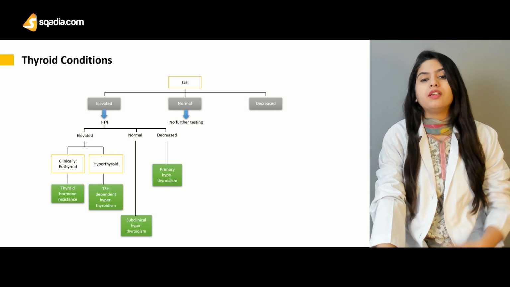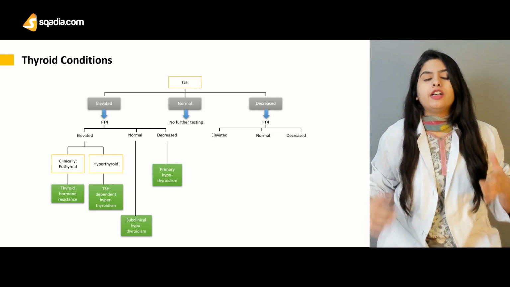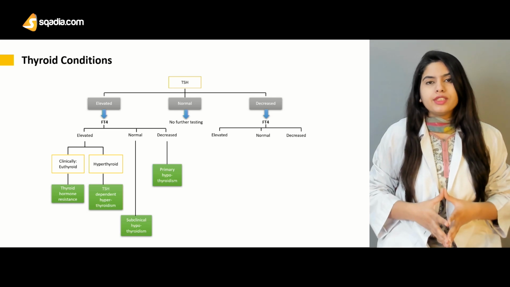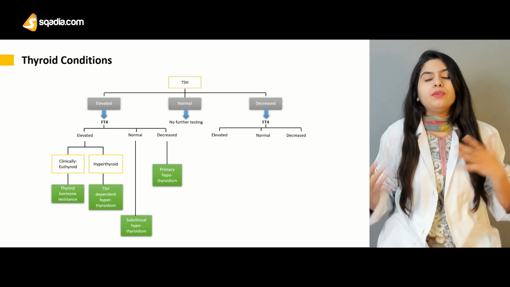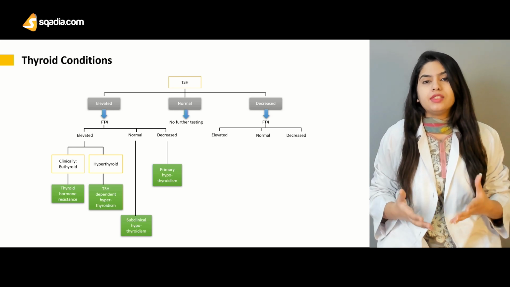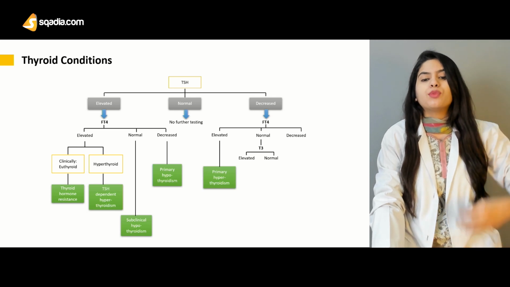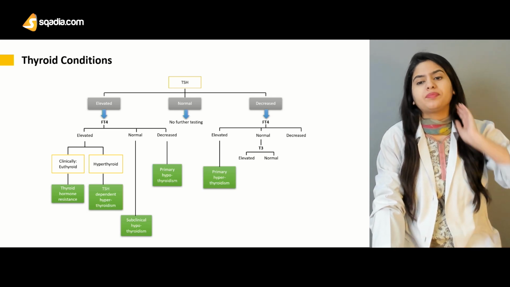And if the thyroid stimulating hormone level is decreased, then check the level of the free thyroid hormone in the blood. It can be elevated, normal, or decreased. In case the free thyroid hormone level is elevated, this can be an indication of primary hyperthyroidism.